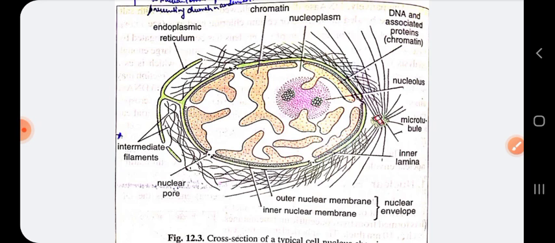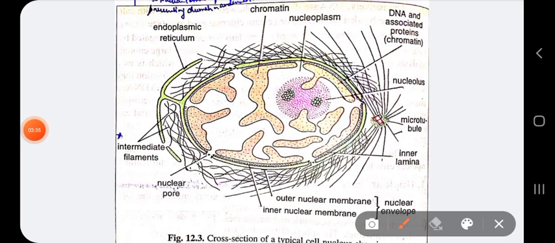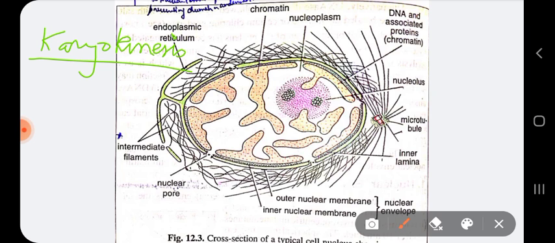And why does multinucleation occur in some cells, like in osteoclasts? It's due to karyokinesis. That means when your cell undergoes nuclear division, during karyokinesis, which is the division of the nucleus during cell division, multiple nuclei may occur.